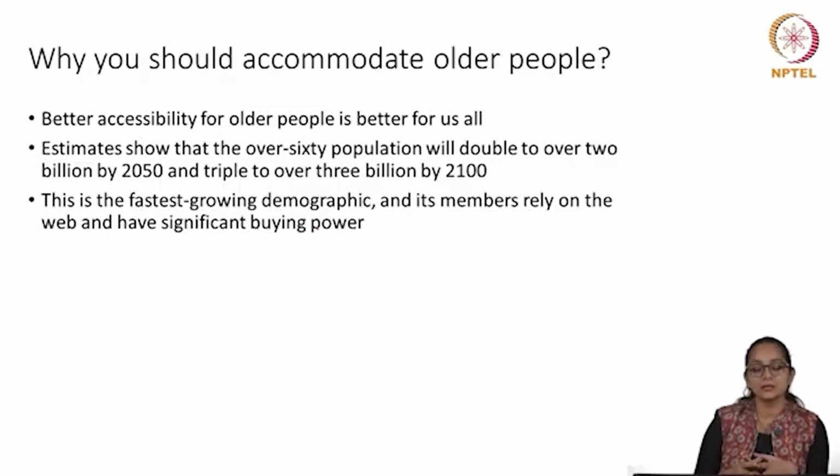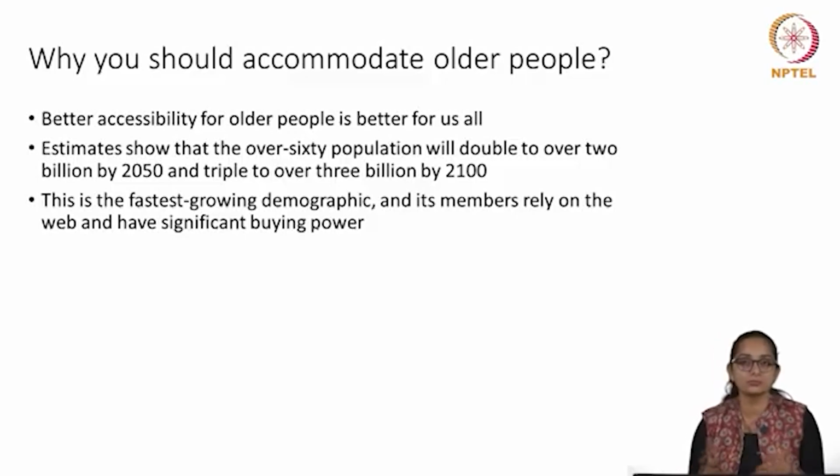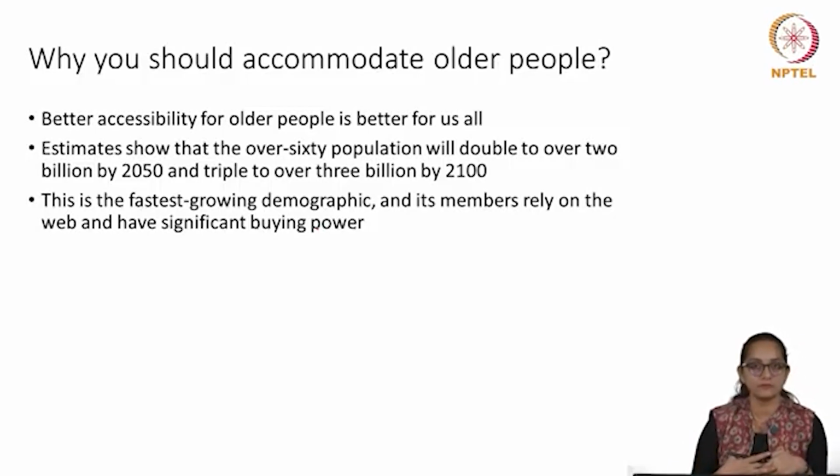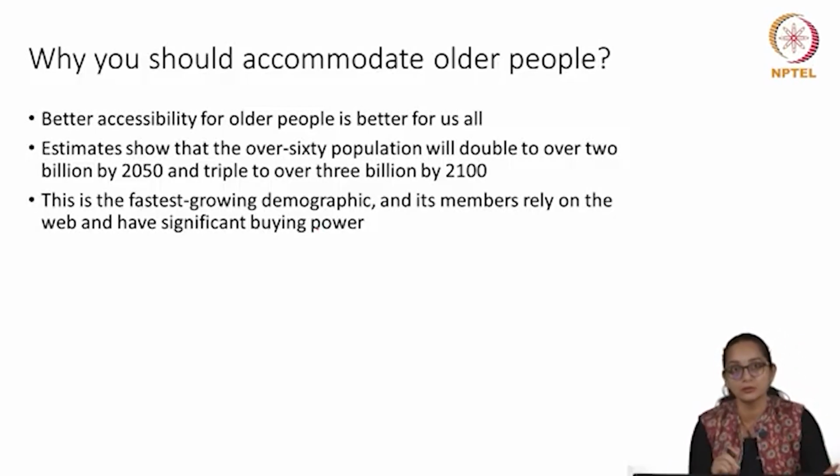In existing technologies, all companies and all managers will always ask you, okay, what is the uptake here, what is the benefit that we get if we make our application or website accessible for this particular group of people.